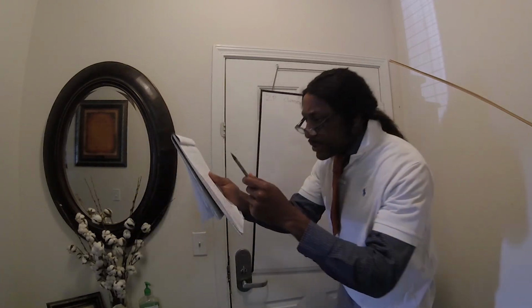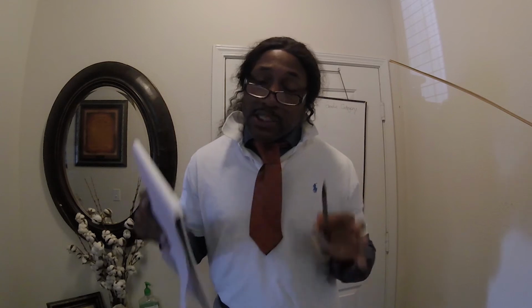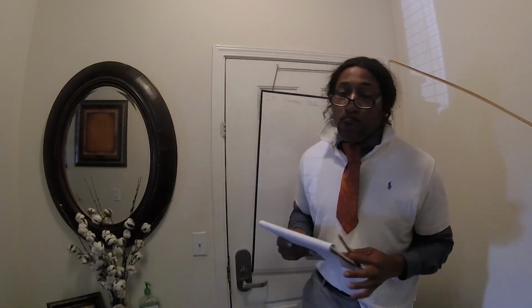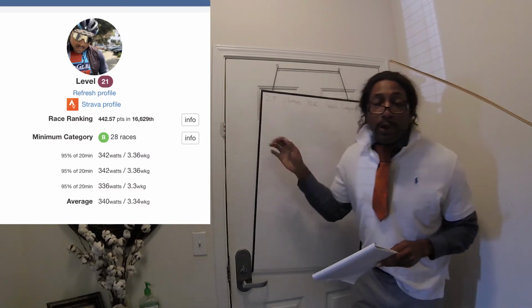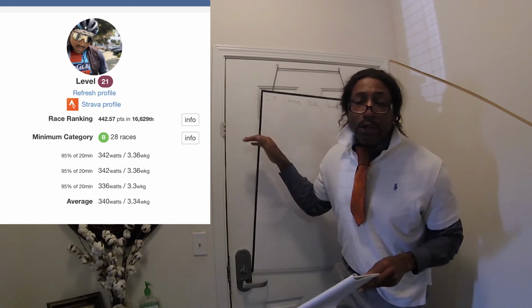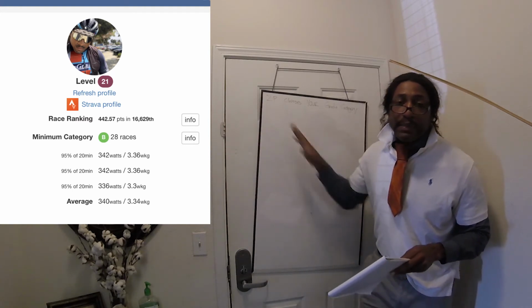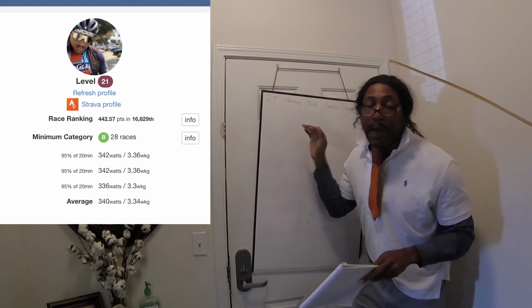So we're going to go to the next part, and you're going to see in your Zwift Power profile. So hopefully, if you're watching this video, you have a Zwift Power profile. And so what you have here is Mr. Whit's profile showing that he's a level 21, and then you go down to the minimum category area as you see right in this area. So what you will do is you will click the info box.